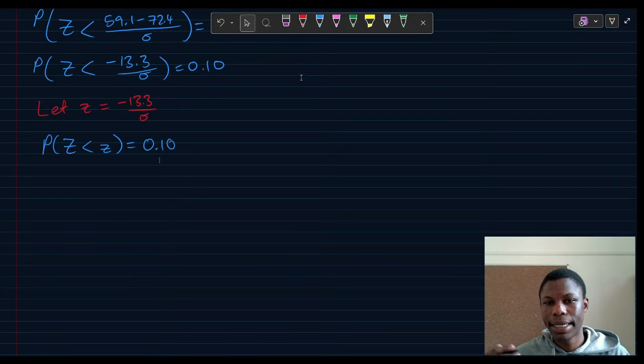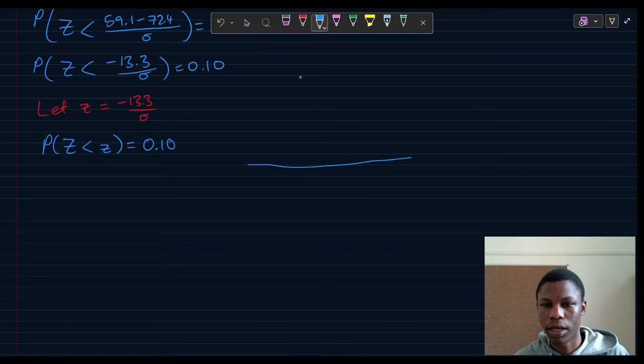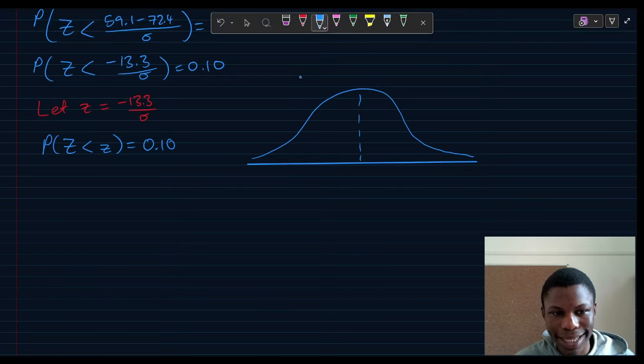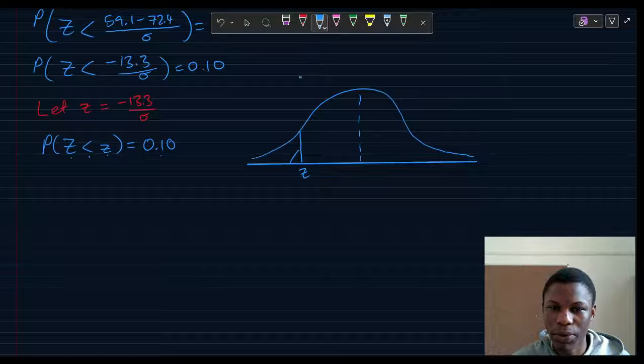And so if we sketch a picture of what's going on here, we're saying that the area to the left of Z is 0.1. So Z has to be somewhere here so that the area to the left of Z is 0.1.